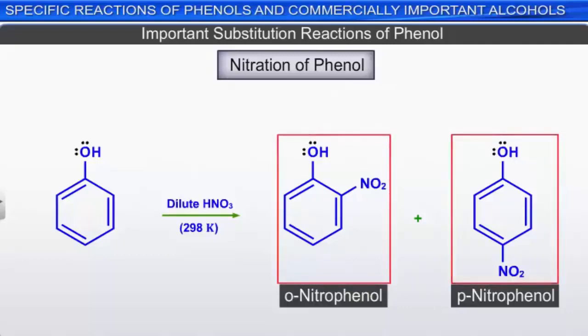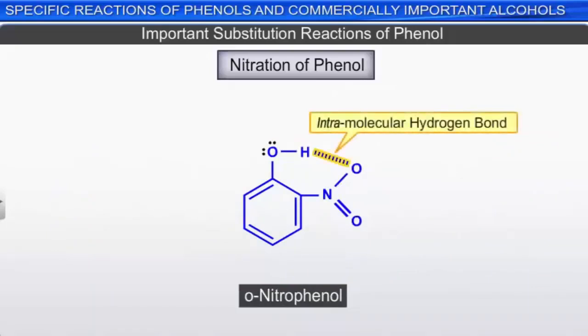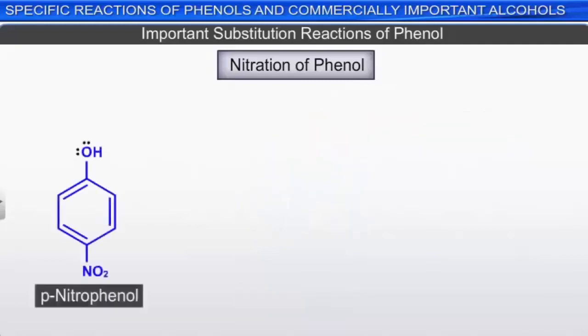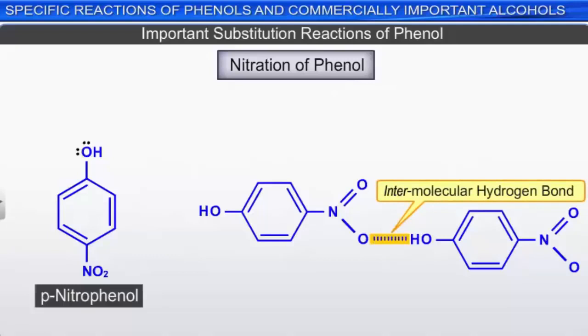As the illustration shows, orthonitrophenol can participate in intramolecular hydrogen bonds. The para isomer can participate in hydrogen bonds between molecules. The intermolecular hydrogen bonds hold the para-nitrophenol molecules together.